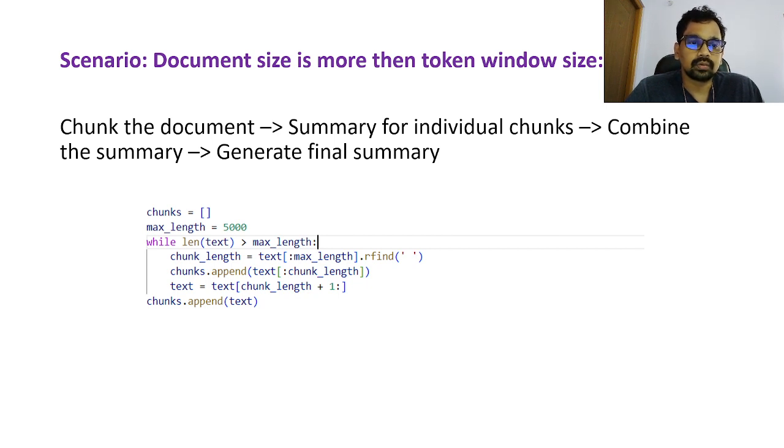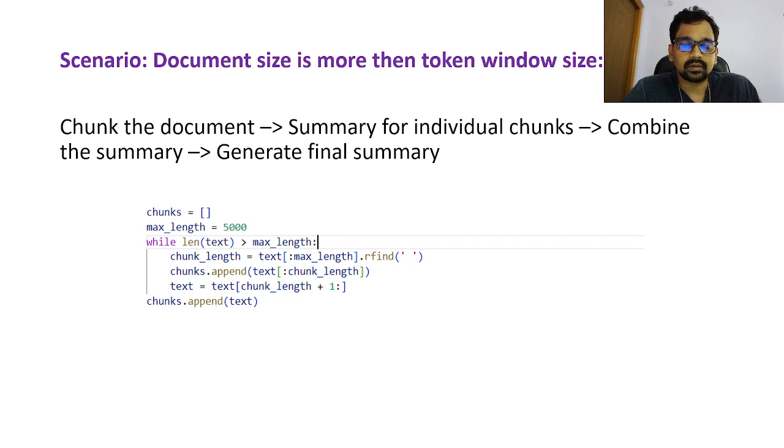How to take the chunks? There are a lot of ways available. This is one of the simplest ways, to split based upon the words. If you look here, I have given the max length as 5000, which means each chunk would have a maximum of 5000.